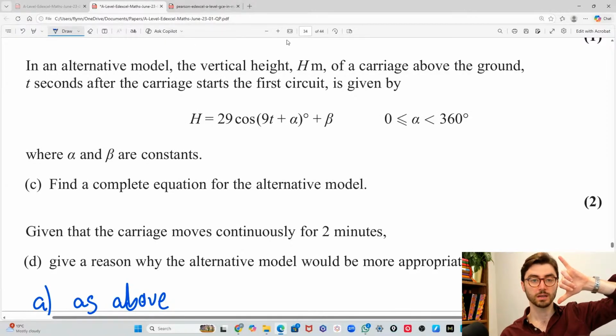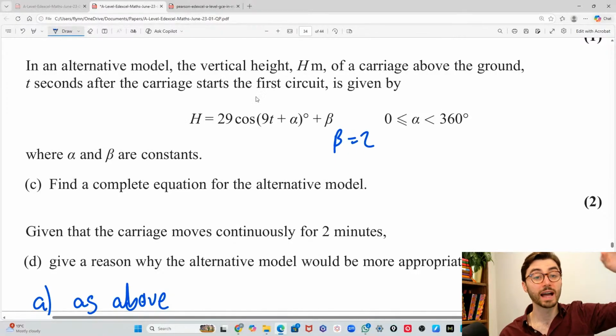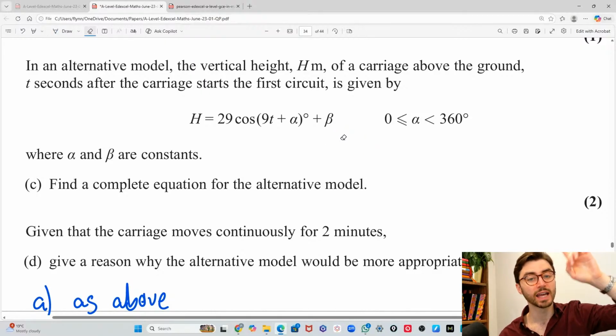So it's going to be, well, beta is just 2. Full stop, the end. Because when, I tell a complete lie.